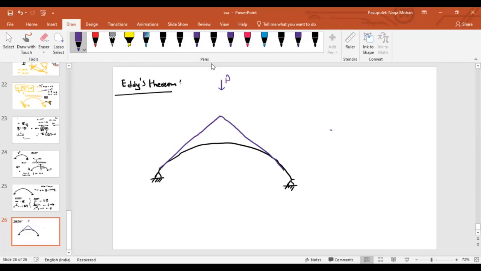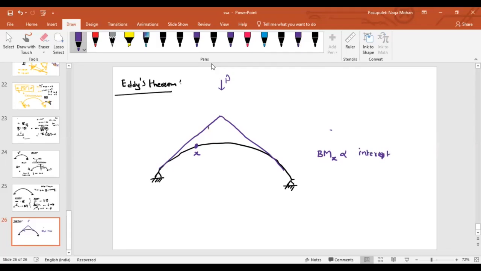Now, if you represent some point, let us say point X on the arch, then according to this theorem, the bending moment at any point X is proportional to the intercept. What is the intercept between these two?